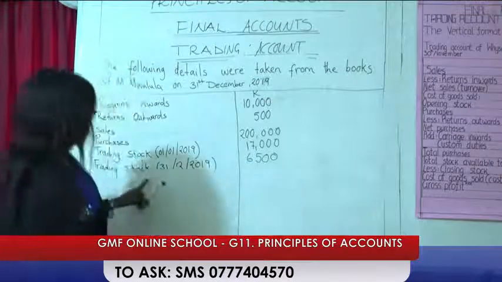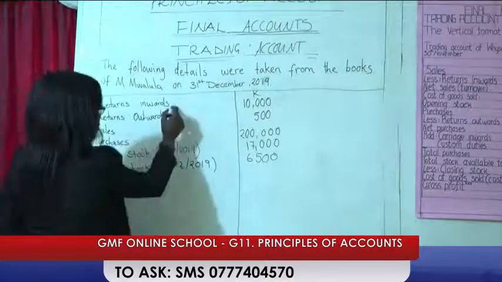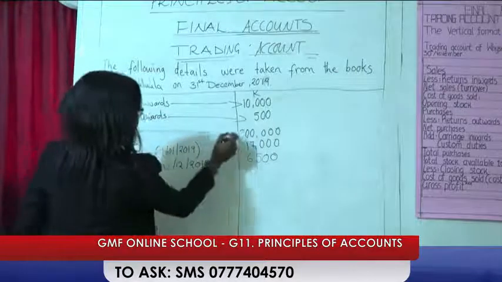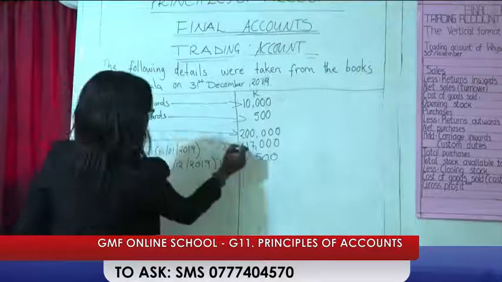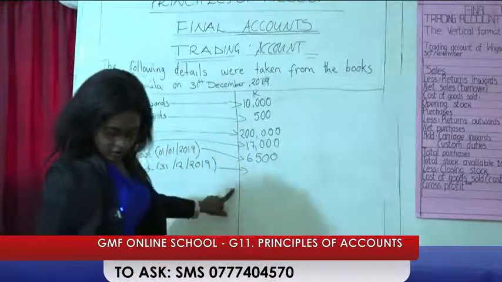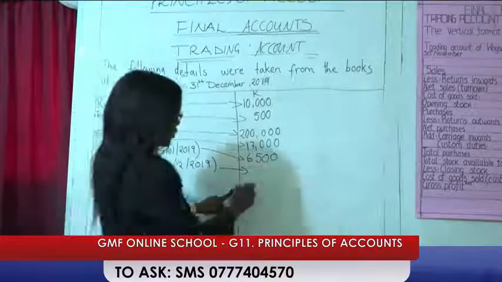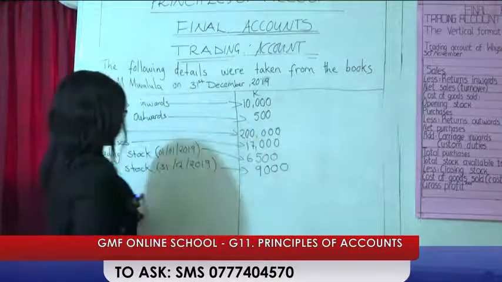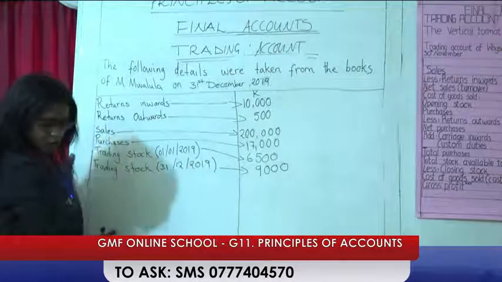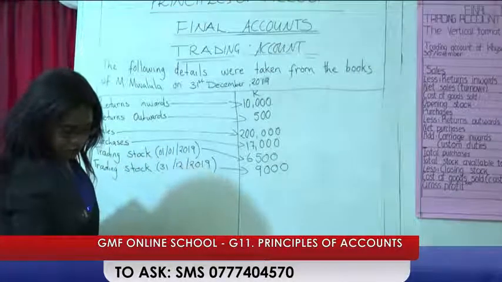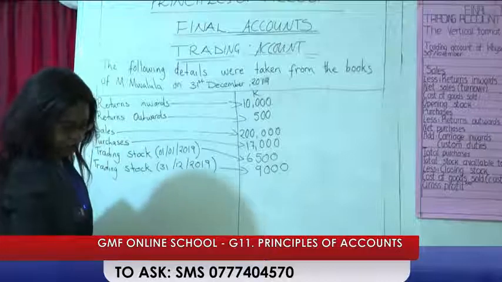So under the trading stock, just to be sure, these are the sales, purchases. Okay, so under the trading stock for the last date, we have 9,000. Then carriage inwards.